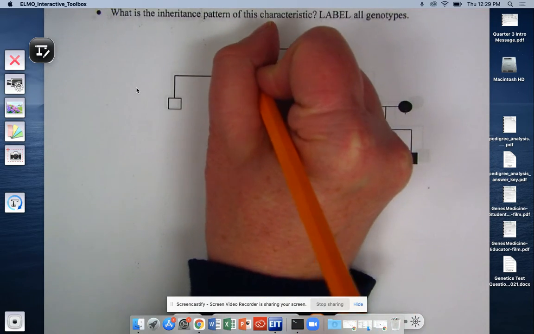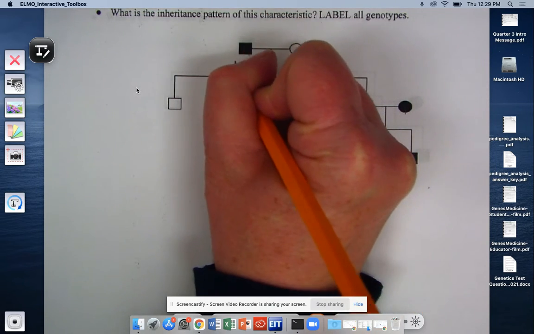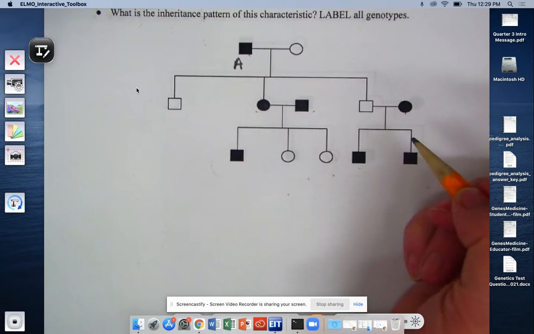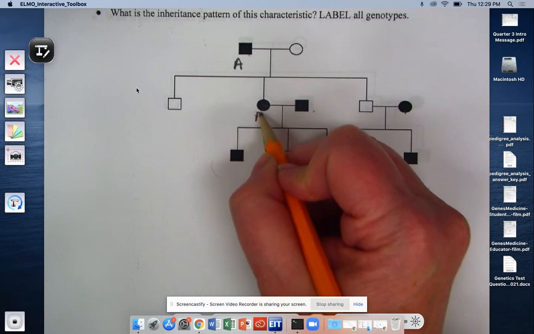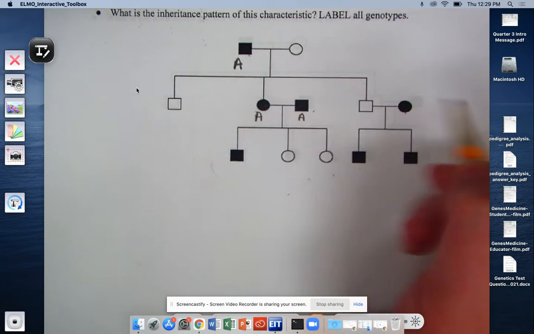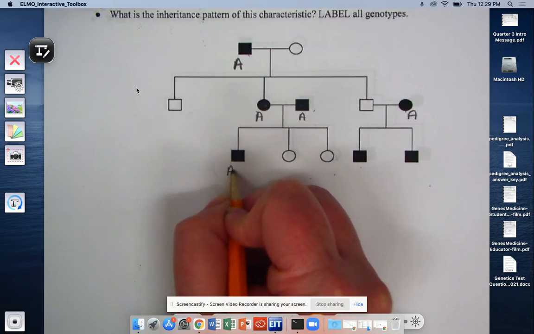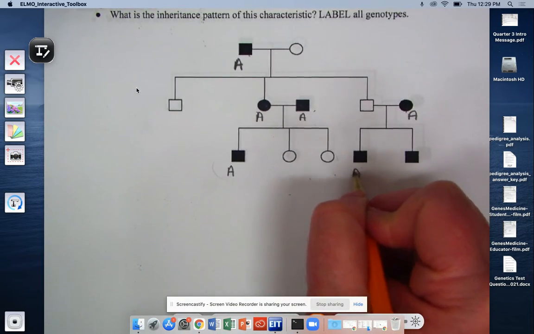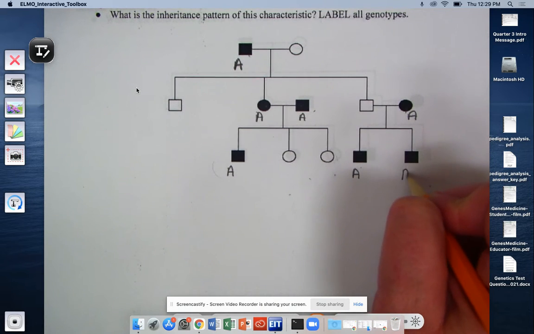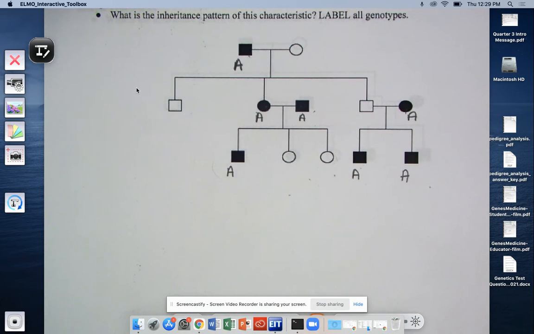So this one that is filled in has a capital A. So I find all of them that are filled in has a capital A.